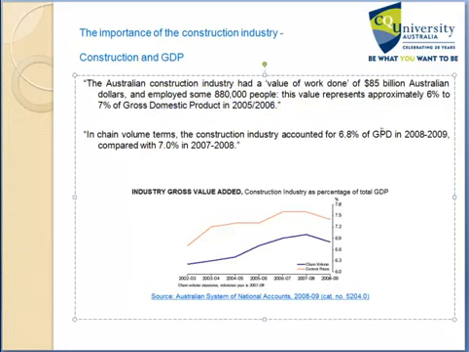While in 2008 and 2009 it accounts for 6.8% of the GDP, and in 2007 to 2008 it's 7.0%. You can see from the figure there's a slight drop in the percentage. It's probably because of the 2008 global economy crisis.